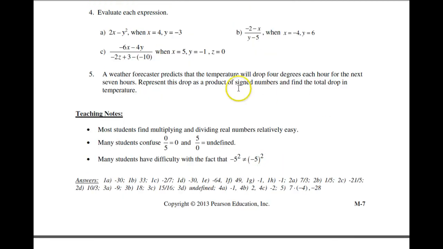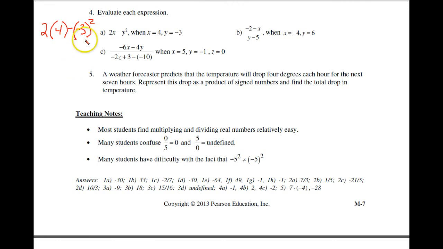Now, in this next part, we're going to do some substitution and then evaluation. So x is 4. So let's set it up. 2 times 4 minus, and then we're going to put a parenthesis, -3 squared.